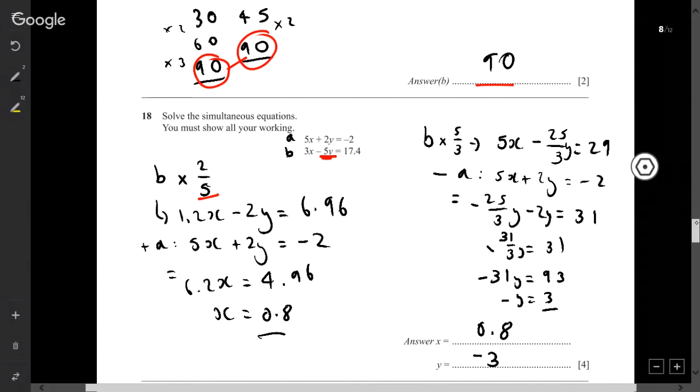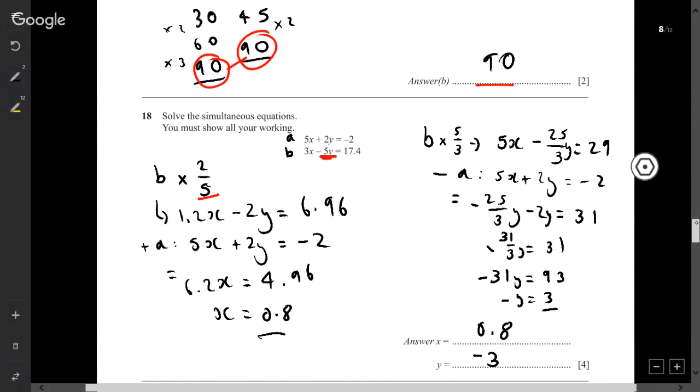Okay, then what we're going to do is bring A in, we're going to plus A, so that we can cancel these two y's out. So we plus them all together, becomes 6.2x equals 4.96. We just simply divide, and x equals 0.8.